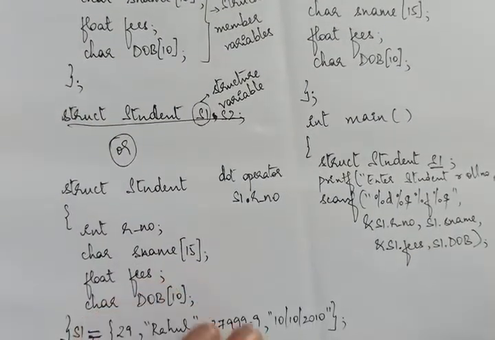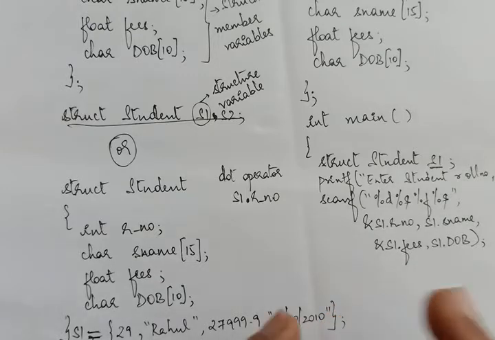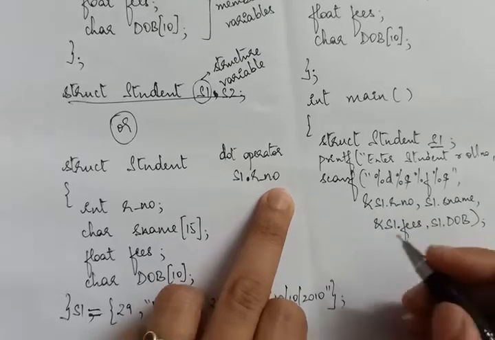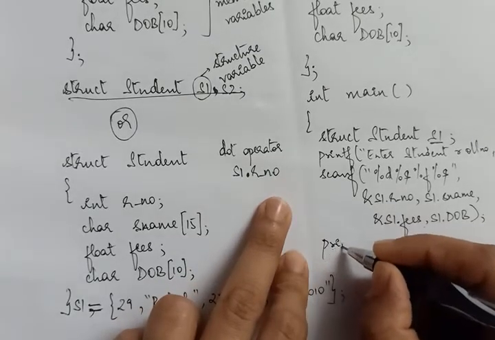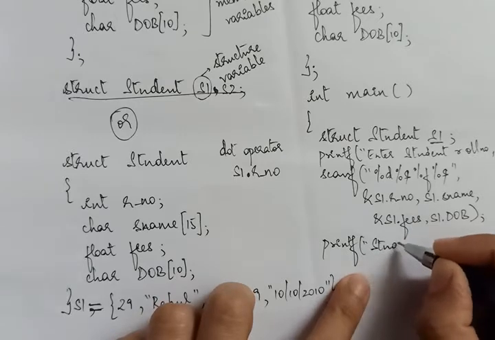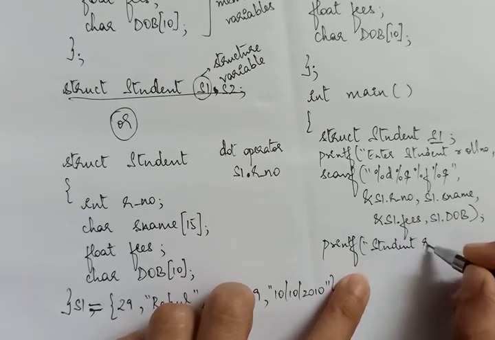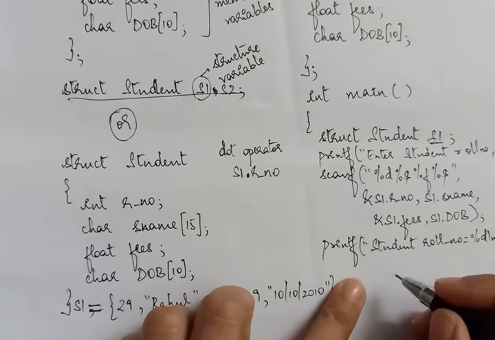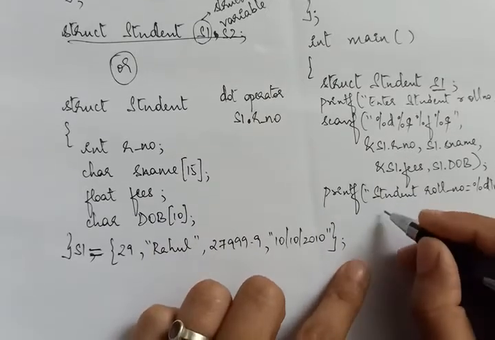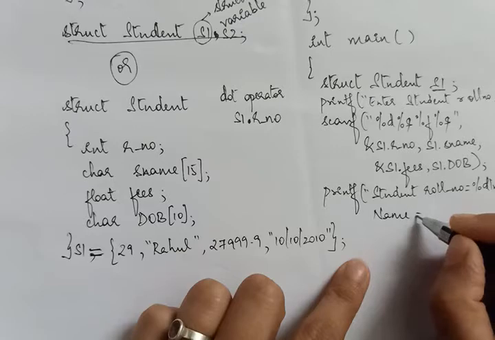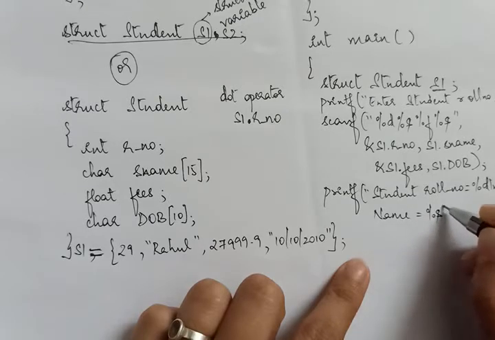Now similarly, how do you retrieve the value that is stored there? The same way, s1 dot r number. So in printf, you can have student roll number is equal to %d \n. So I'll complete it here only, and then name is equal to %s \n.